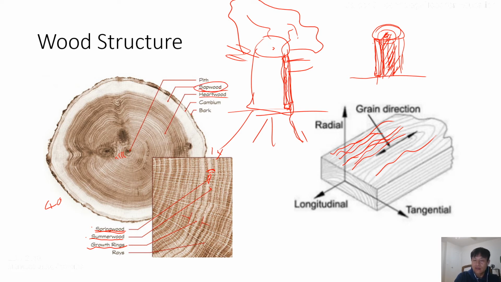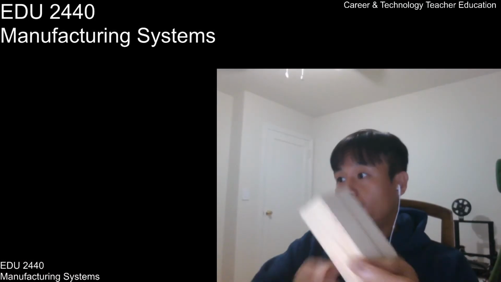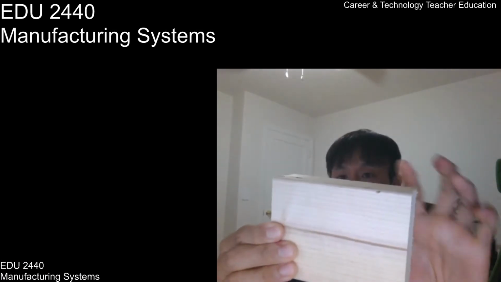That's live wood, and then the heartwood is the dead area. Mostly we use the heartwood rather than sapwood because the structure of heartwood is more sturdy than sapwood.